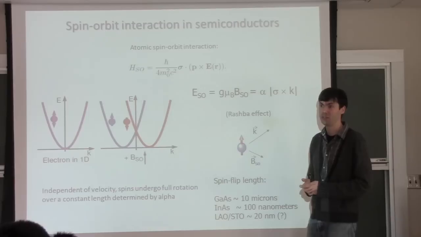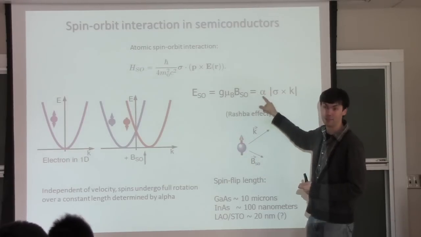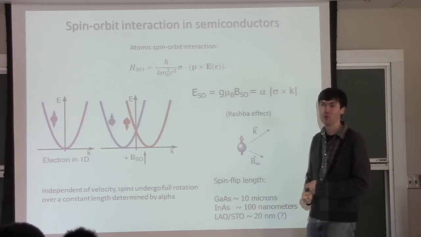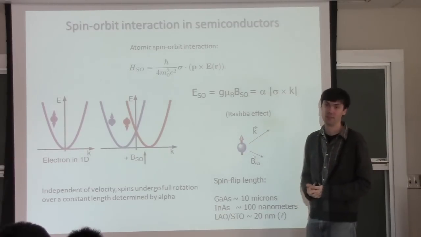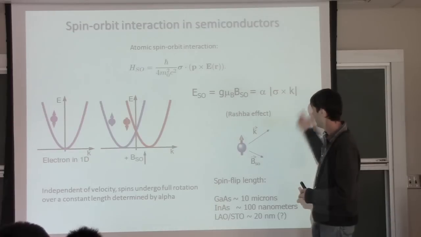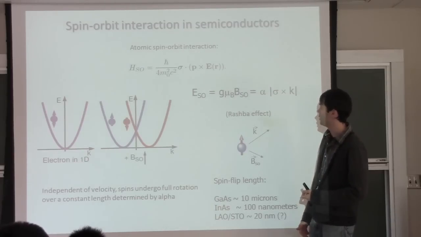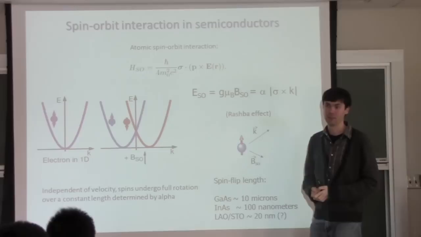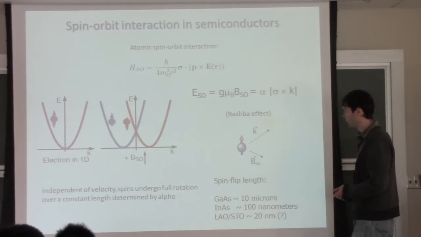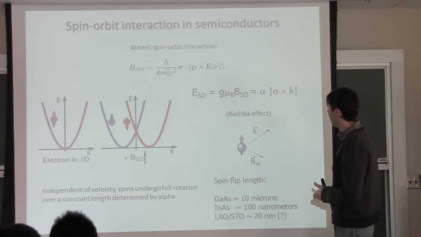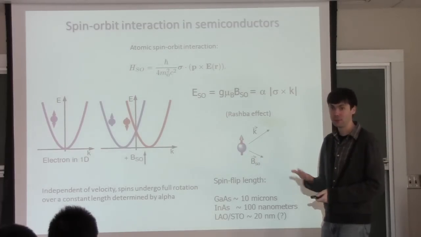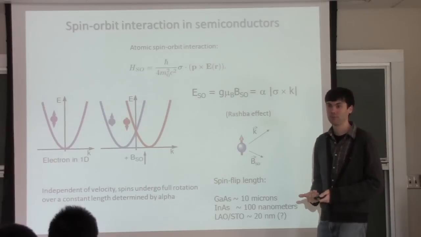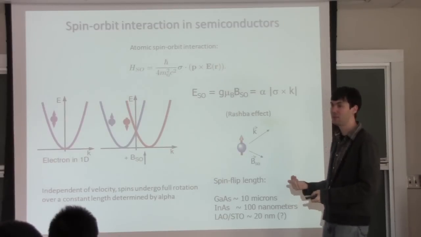It is just determined by this alpha. So you can write a spin-orbit length in terms of this alpha. It will be something like h bar over m alpha, something like that. And so if you know the spin-orbit length, if you measured it or looked it up, then you know the spin-orbit strength in a given material.